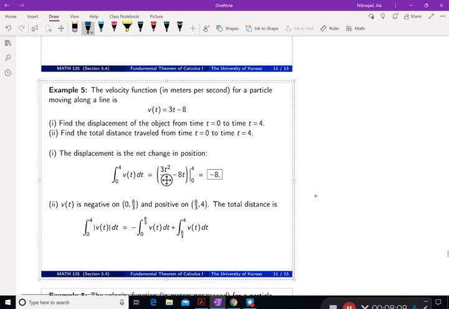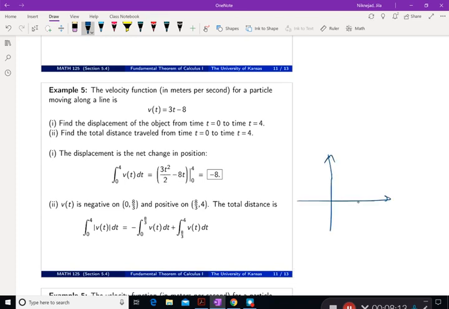So I know that v of t, here's 1/3, here's t, and I know that v of t is -8 at the start. This is the function v of t.